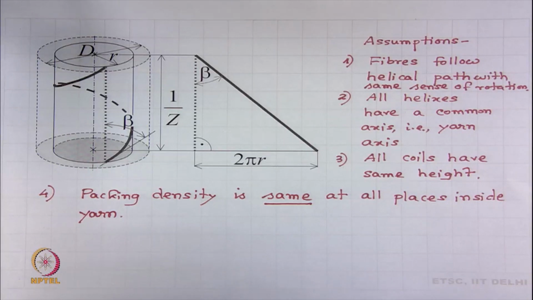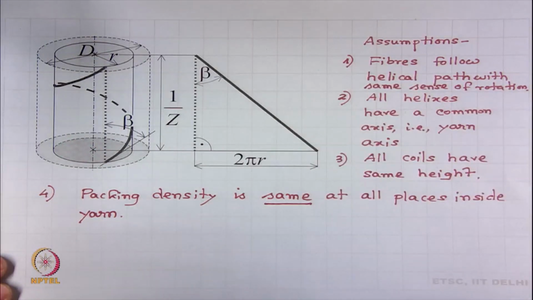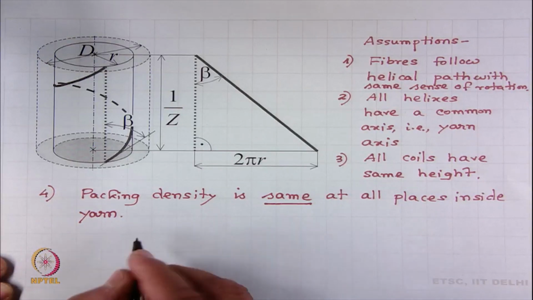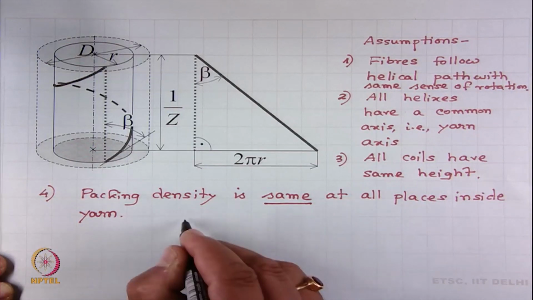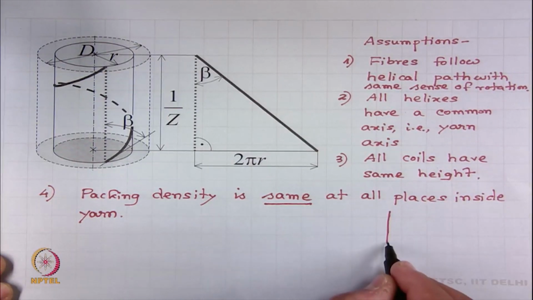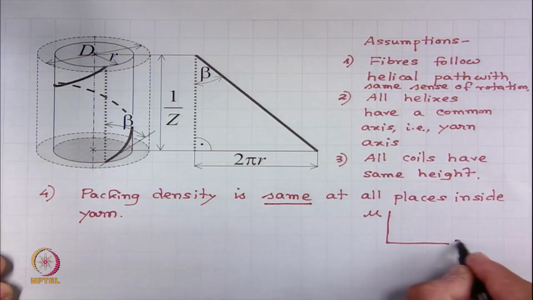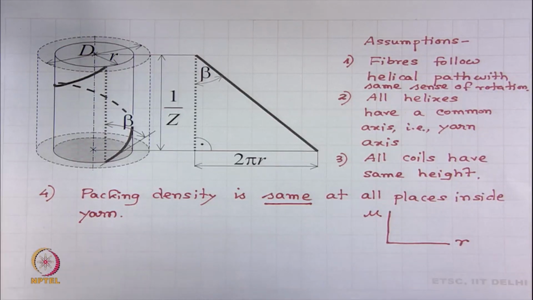So, actually the first 3 are quite general assumptions, but the fourth one is a very special assumption. Why? In practice, you know, the packing density mu is not constant. However, it is a function of r.